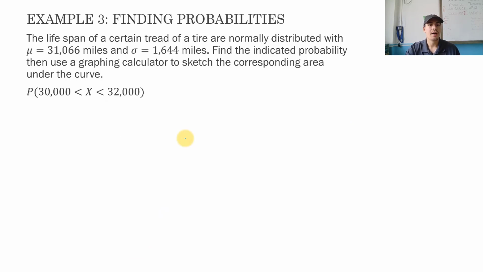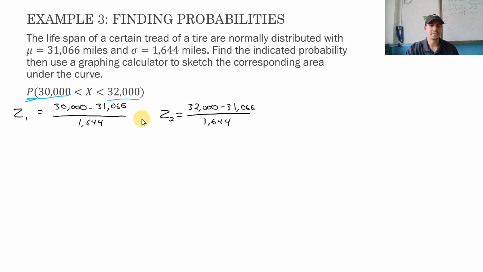All right, last example here, finding probabilities. We have the lifespan of a certain tread of a tire are normally distributed with a mean of 31,066 miles and a standard deviation of 1,644 miles. Find the indicated probability, then use a graphing calculator to sketch the corresponding area under the curve. So we need to find our z values for each of these values within my probability.